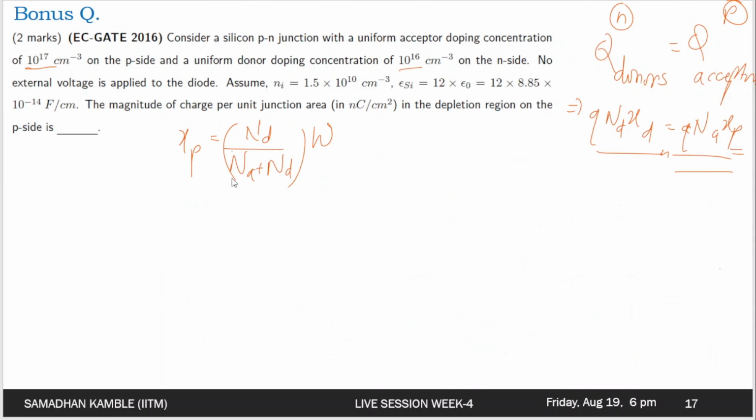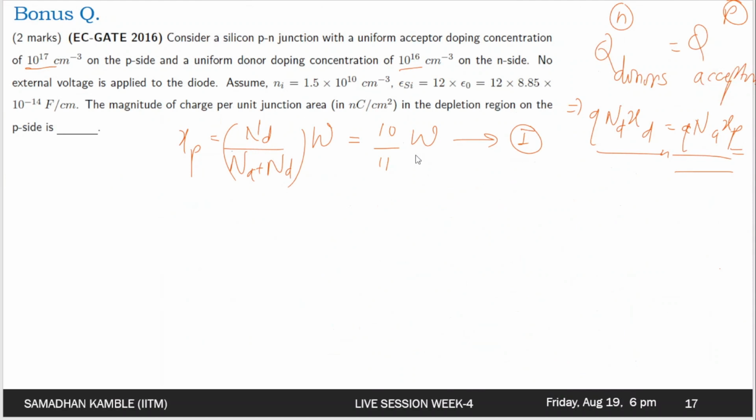The Nd and Na are given. So if you use these values 10 to the power 16 and 10 to the power 17 here, we can write it as 10 over 11 of the total width. Let us consider this is 1.